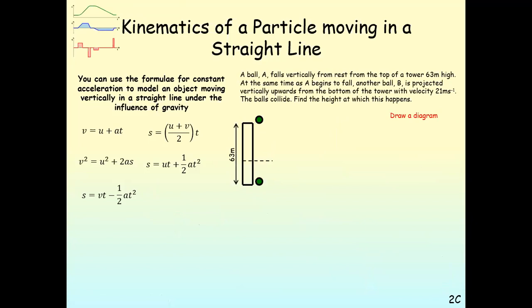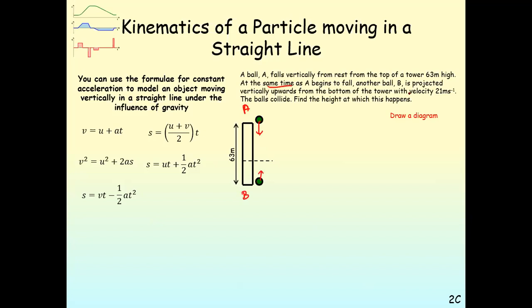A ball falls vertically from the top of a tower, 36 meters high, and at the same time as A begins to fall, another ball is projected vertically upwards. So I have A here, and B here. A is going down, B is going up at the same time.